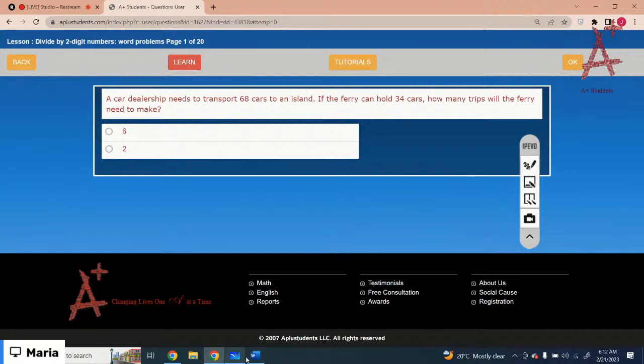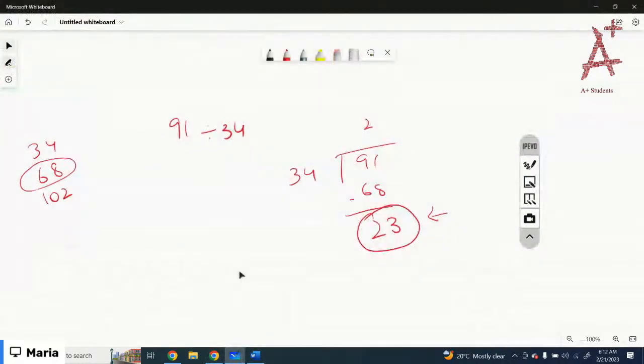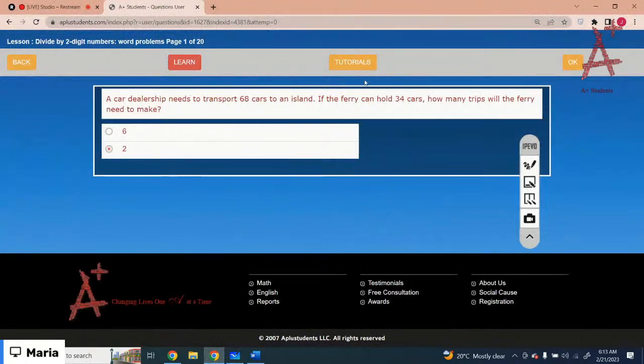So you have to divide 68 by 34. 34 times what number is 68? 34 times 2 is 68. That means the ferry can do only two trips. Got it? The correct option is 2.